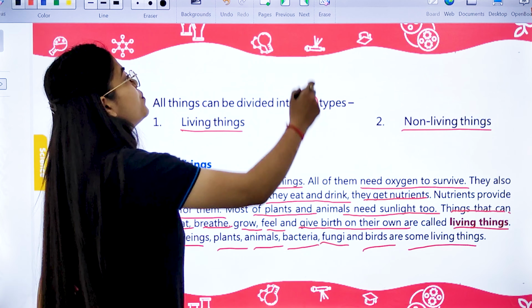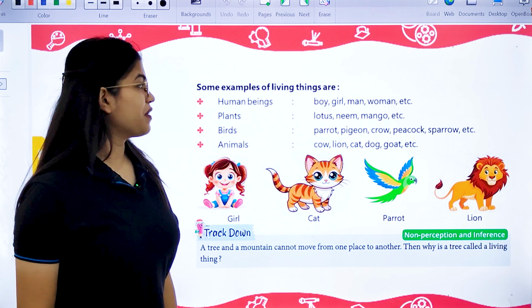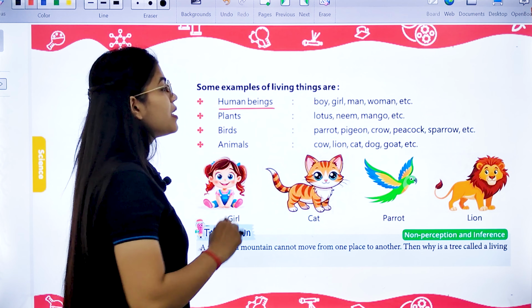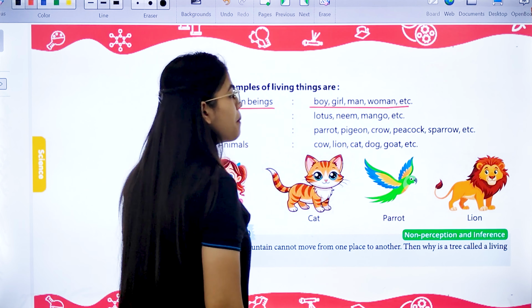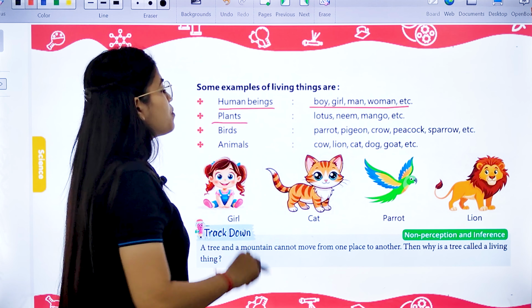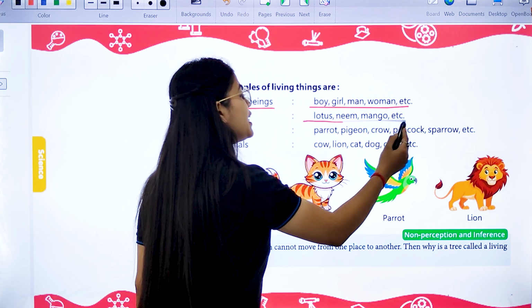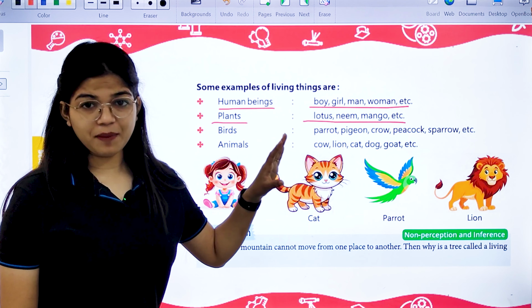Okay, now they have given you some examples of living things. For example, human beings. In human beings, we will include boy, girl, men, woman, etc. Secondly, if we talk about plants, so lotus, neem, mango, etc. All these are examples of living beings.